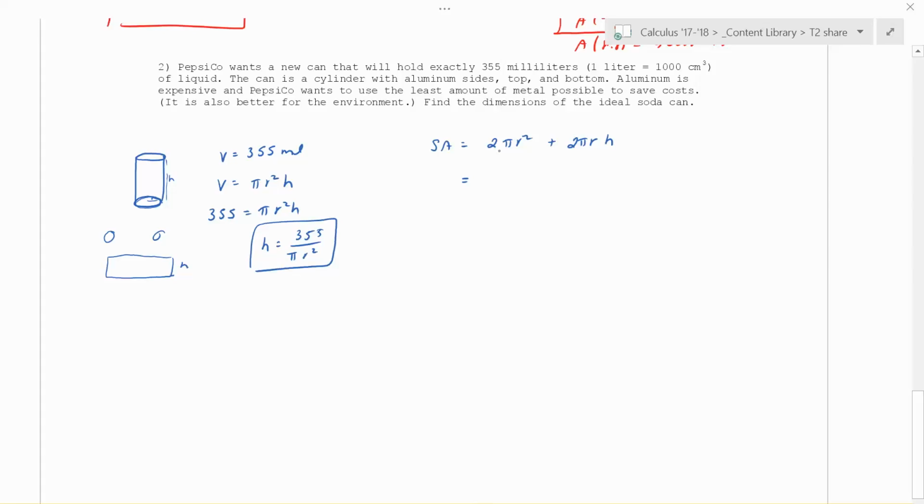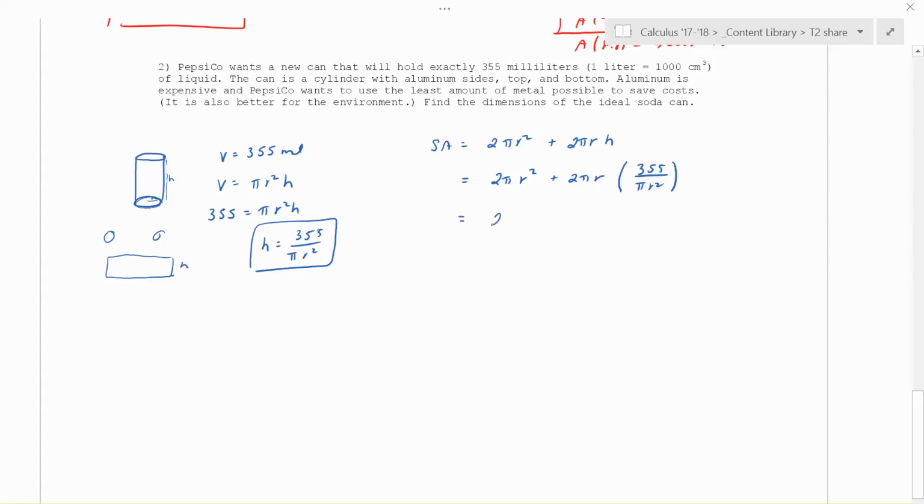So my surface area is 2 pi r squared plus 2 pi r times my h, which is 355 over pi r squared.